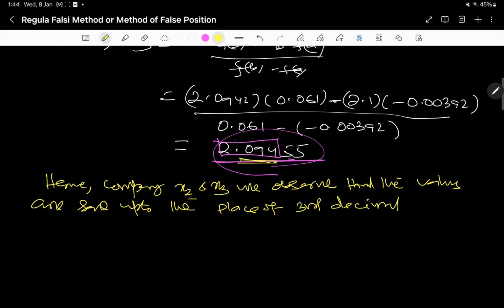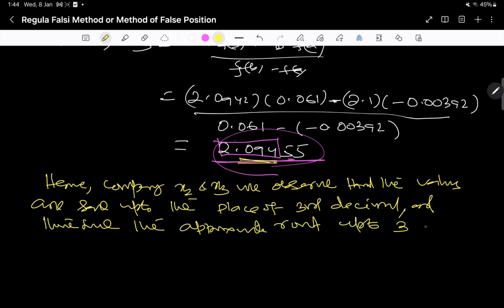After the decimal point, 3 places are the same, and therefore the approximate root up to 3 decimal places is 2.094. So this is my answer.